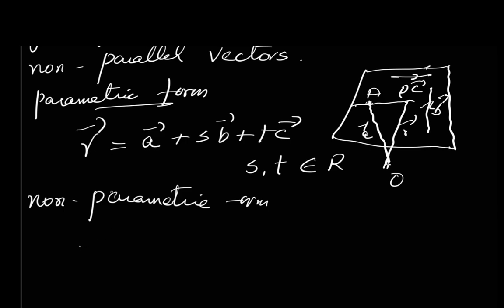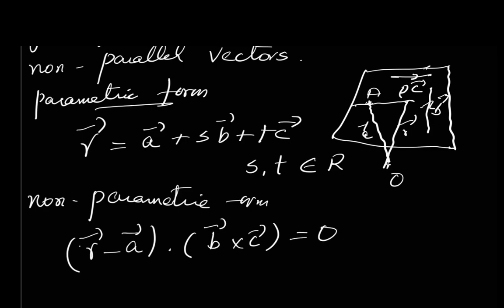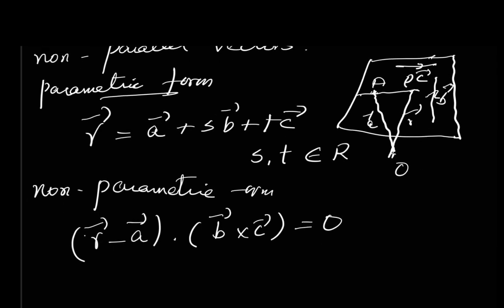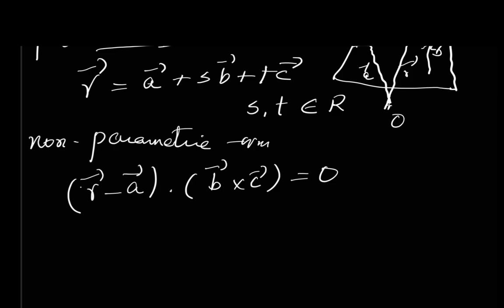Take a to the left side: vector r minus vector a dotted with a vector parallel to the cross product of the two non-parallel vectors, b cross c. So (r minus a) dot (b cross c) equals 0.